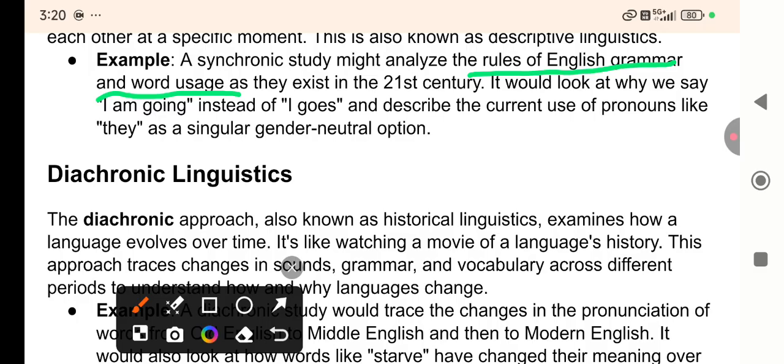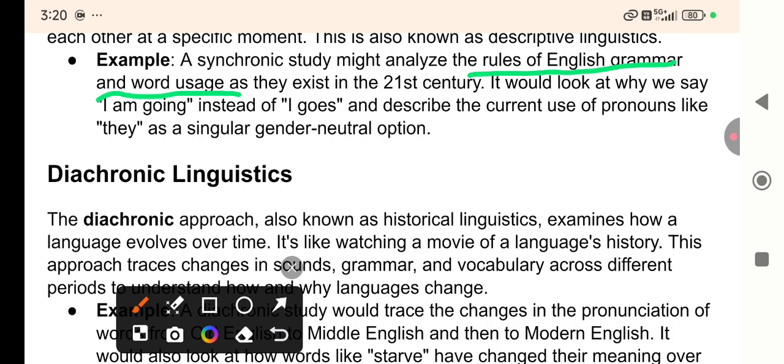What words exist right now, at present, and you are studying present English. Then you are going to study short forms, which are generally invented by youths, like ASAP for as early as possible, which I gave as an example.